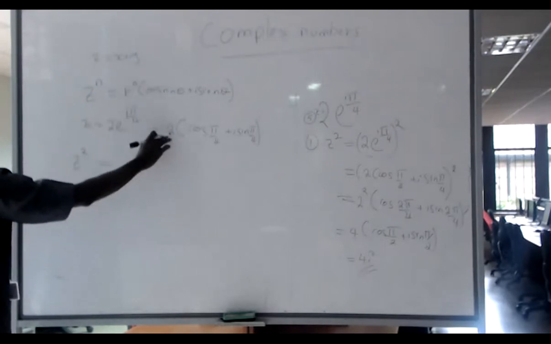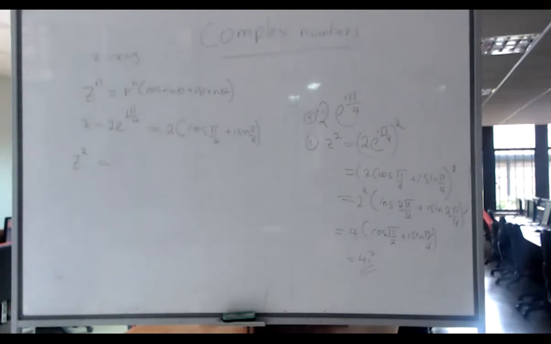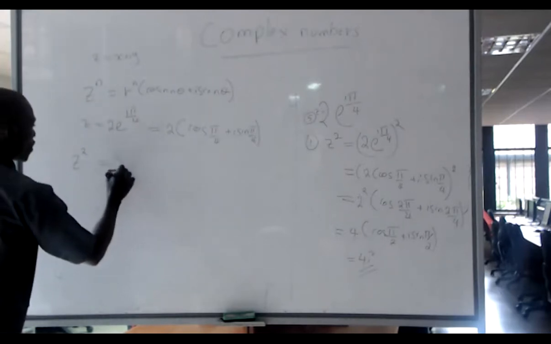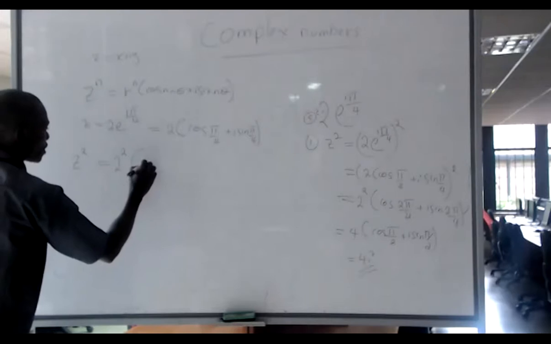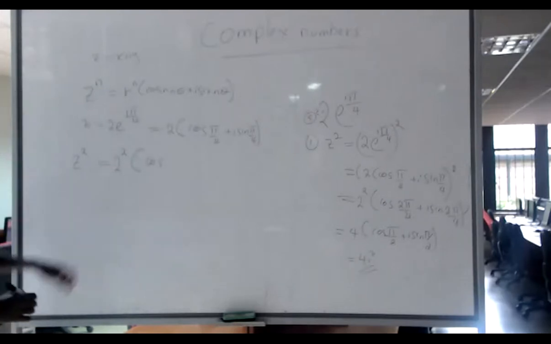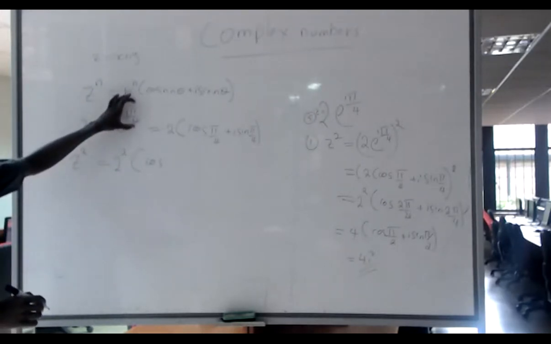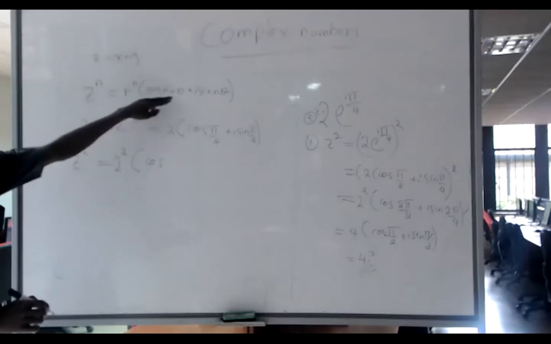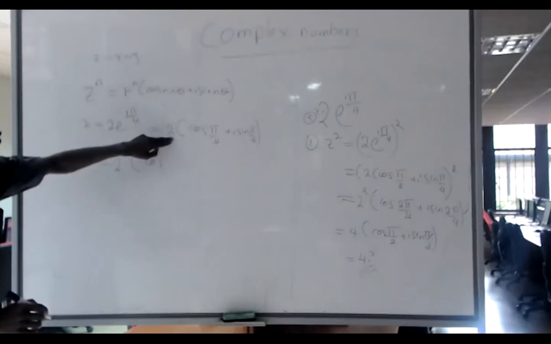Now we use the theorem: z squared should be r to the n. So in this case, r is 2. So r should be 2 squared. Then in the bracket, cosine, we multiply the angle by 2. If it's n, you multiply the angle by n, but we have n is 2.